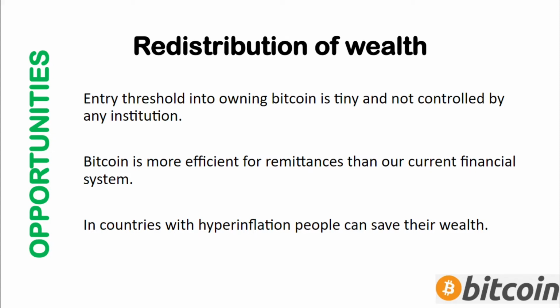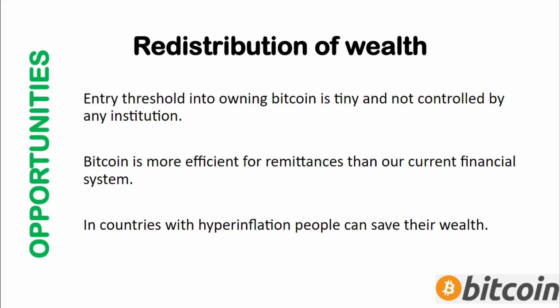Redistribution of wealth. The entry into owning Bitcoin is pretty small comparing to opening a bank account in some countries. All you need to do is to have a smartphone or any kind of digital device, and then you will be able to be a part of this global network.